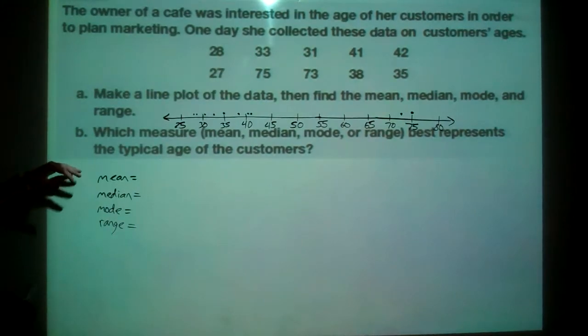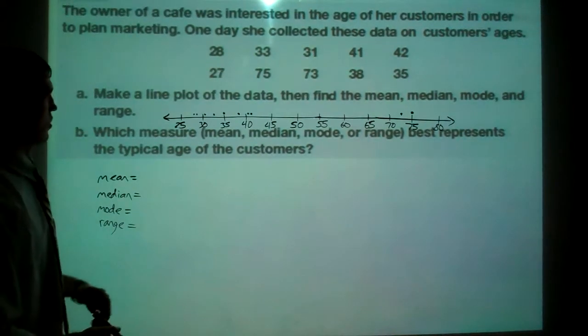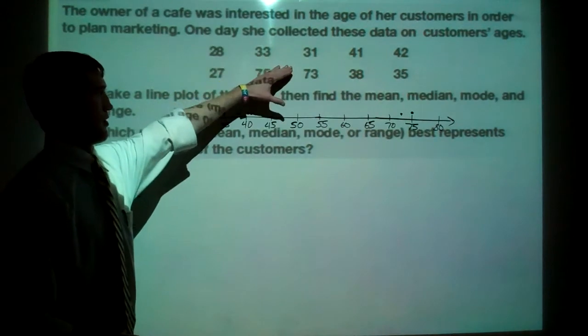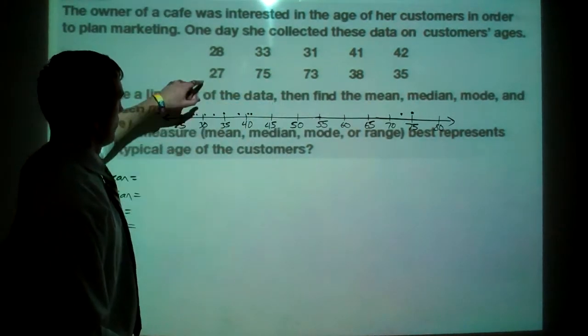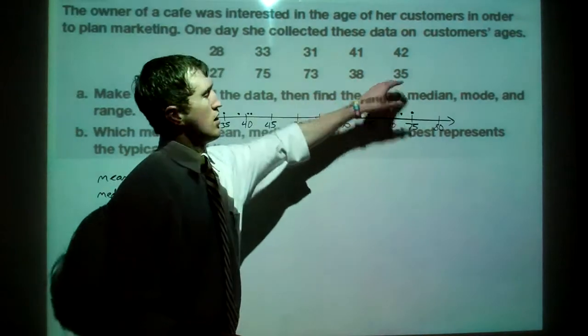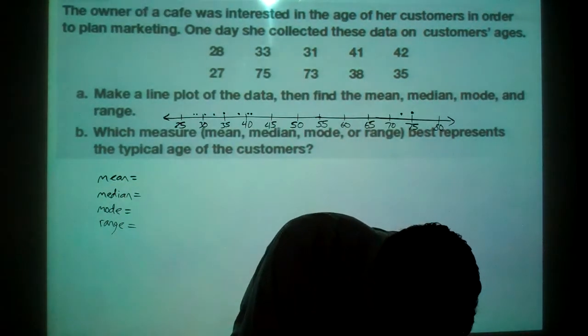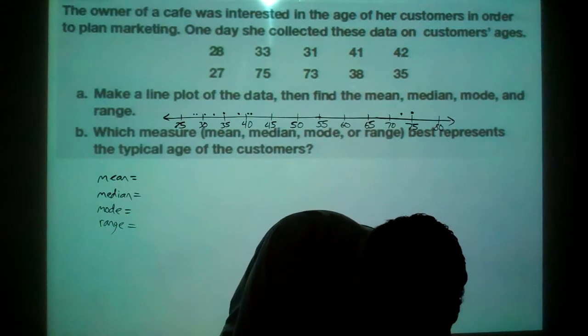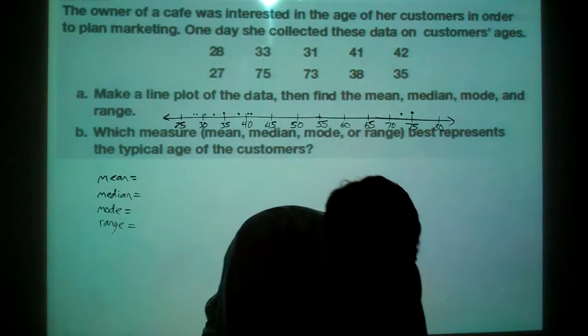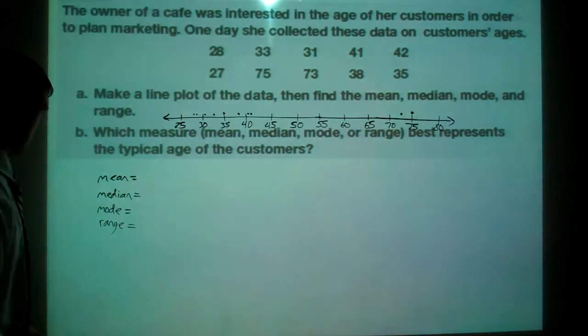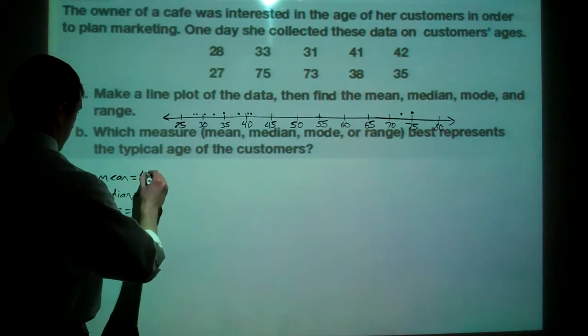We add up all the ages that we have. We would do 28 plus 33 plus 31 plus 41 plus 42, and then add all these as well. And then we've got 10 ages, so we will divide by 10. And if we do that, we do get a decimal. And I'm not going to go through and do it, but the mean should be 42.3.